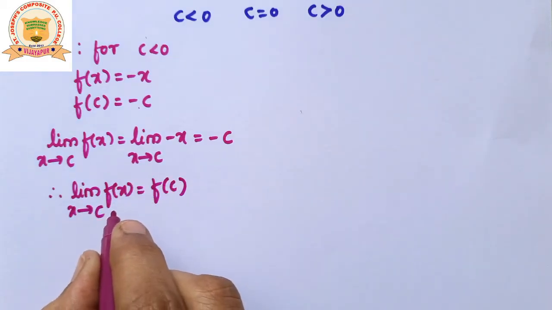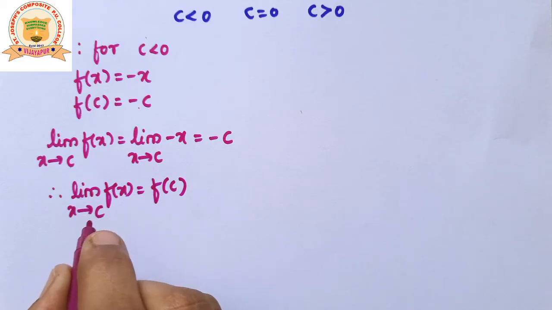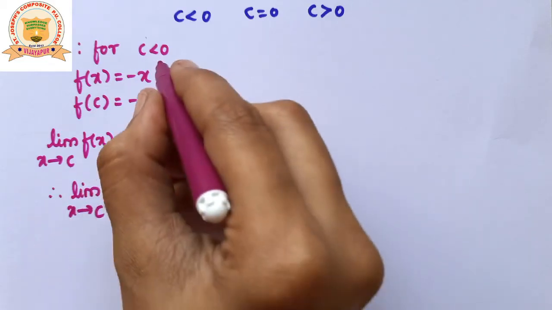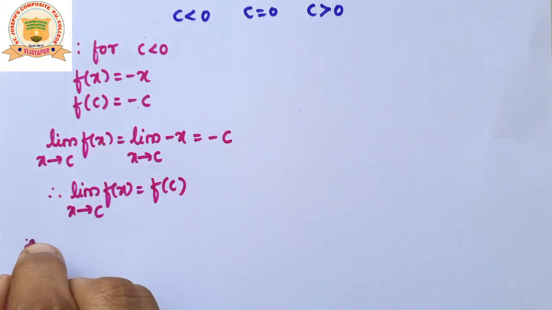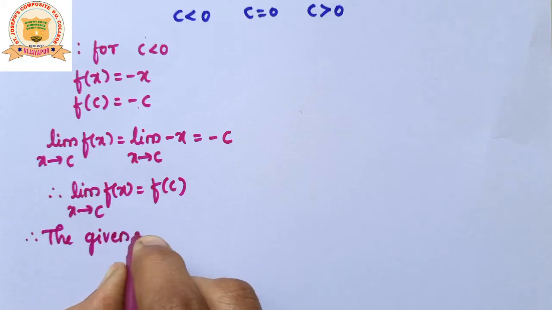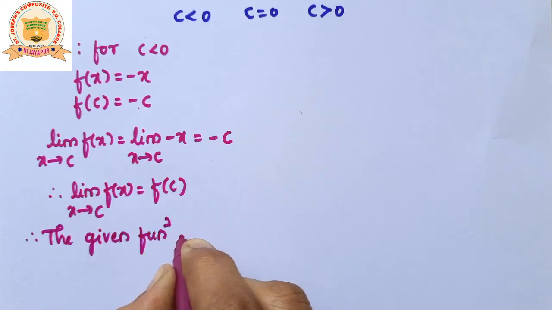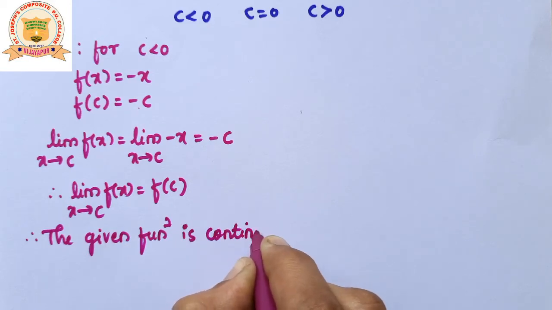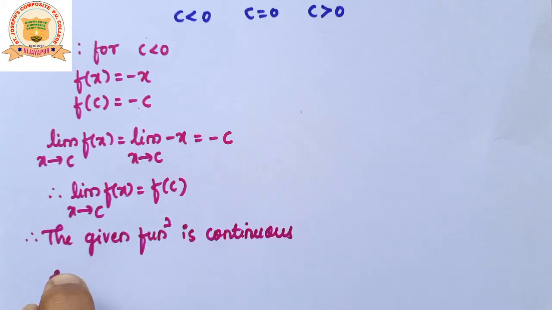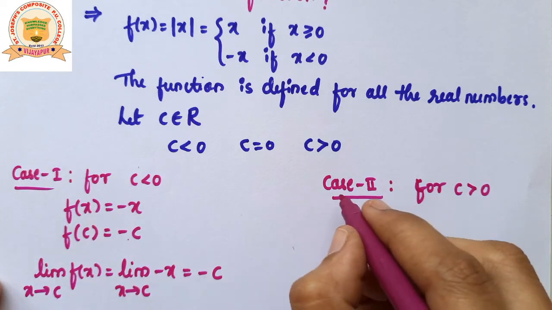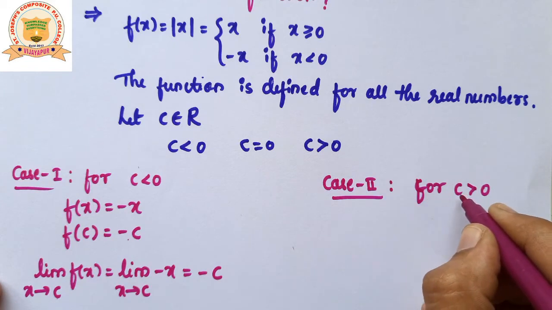Therefore, by the definition of continuity, we conclude that the given function is continuous for all c less than 0. Next we have to discuss case 2, that is for c greater than 0.